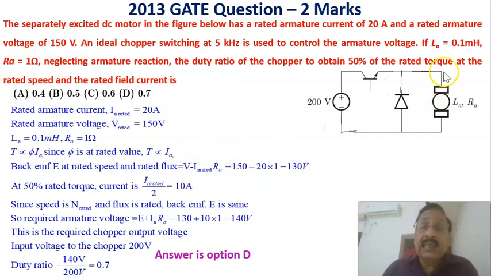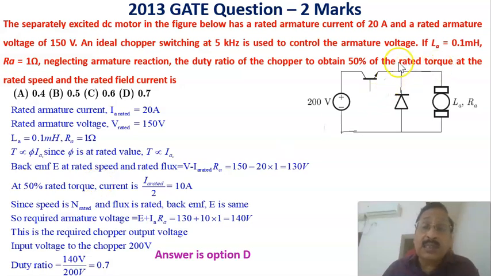We are not considering the inductance because the average voltage across the inductor over one switching period is 0. That is why that drop is not considered here. So V minus IaRa, that is 150 minus 20 into 1 ohm, that is 130 volt, is the back EMF corresponding to the rated current and the rated voltage.